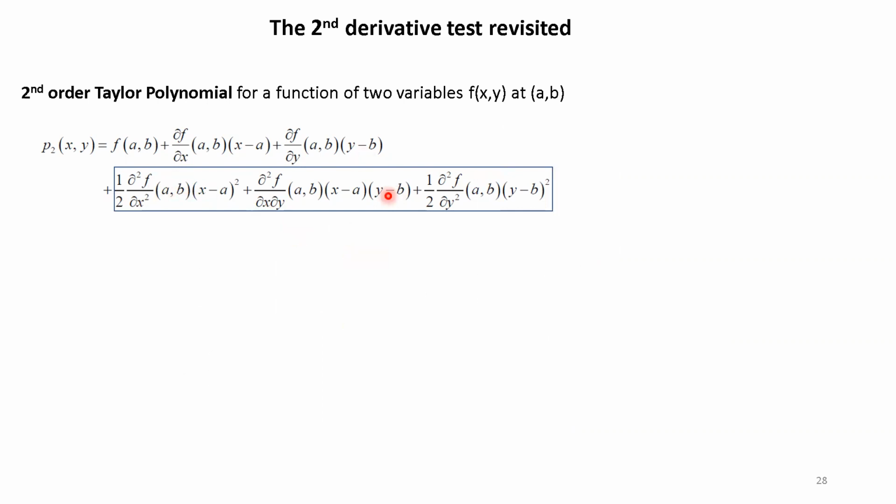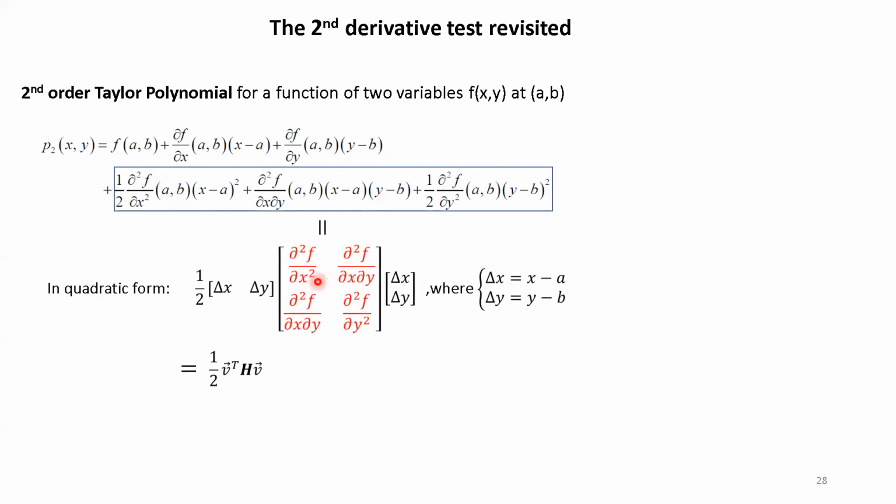Remember in the last chapter, we have some x squared term plus y squared term plus some xy cross term. These kinds of equations can be written in matrix form. It's the product of a row vector, a matrix, and a column vector.